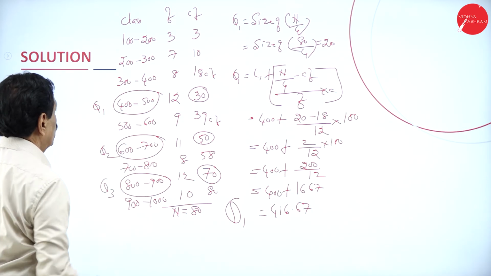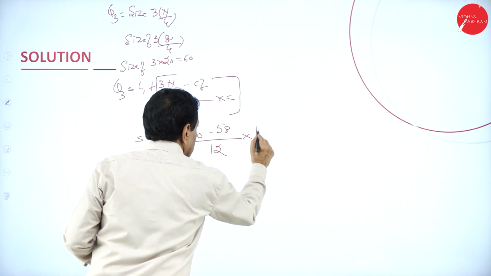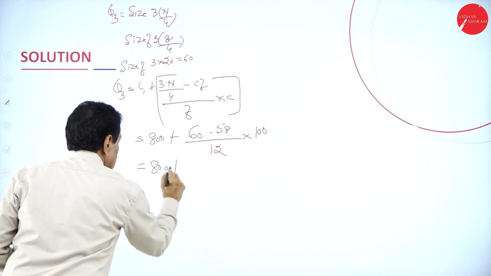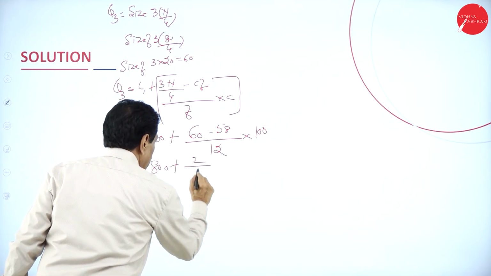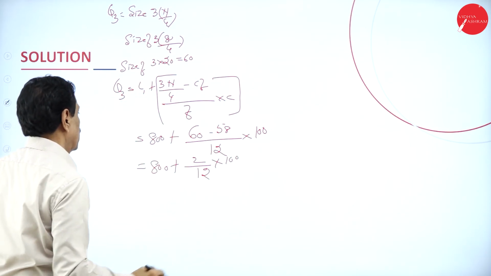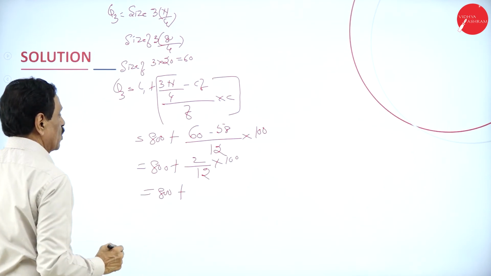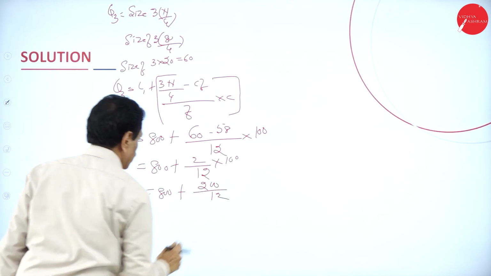800 to 900 means the class interval is 100. This is 800. 60 minus 58 is 2, divided by 12 into 100. This is 800 plus 200 divided by 12.